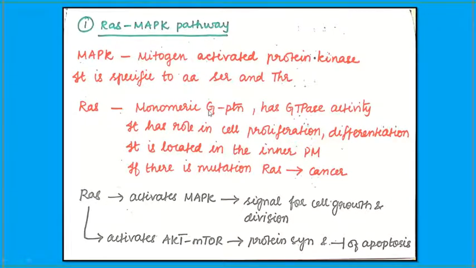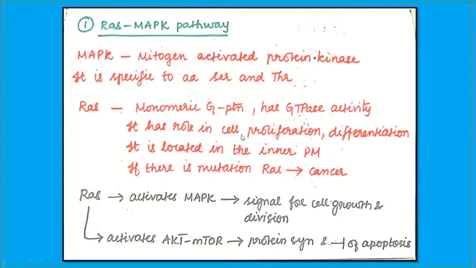RAS is a monomeric G protein. We've studied in the previous lectures about the G protein, where we saw it is heterotrimeric. But this RAS is monomeric, and it is a G protein with GTPase activity. We know GTPase activity means hydrolysis of GTP into GDP by losing one phosphate.